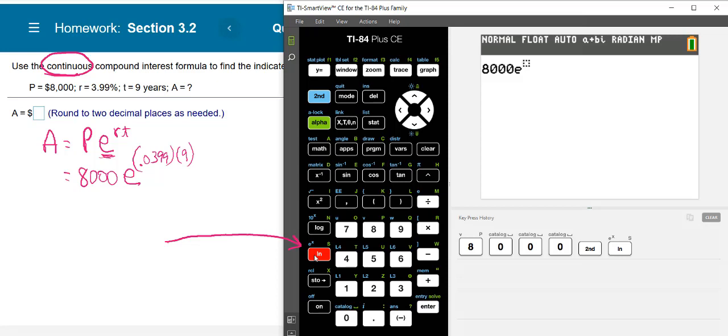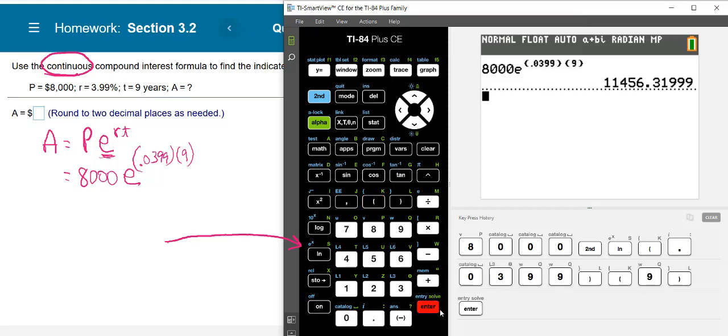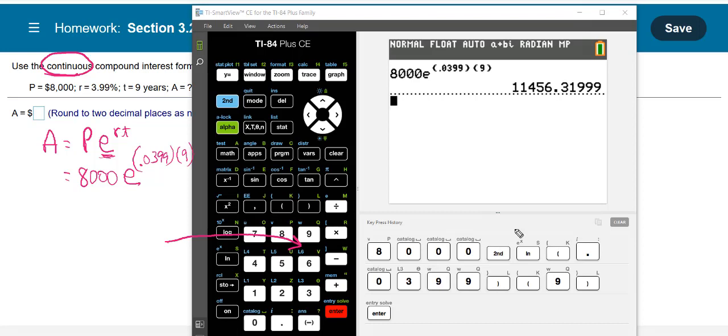Now you can use a times sign between the two numbers, or you can type it exactly like we wrote it. Now to 2 decimal places. So to 2 decimal places, that would be here. Since the number after that is a 9, we'll make that a 2 and drop everything after it.